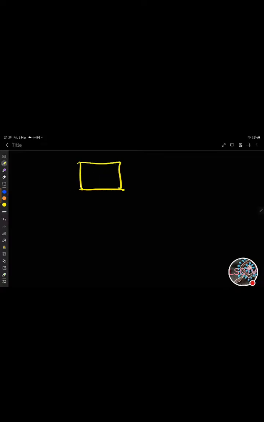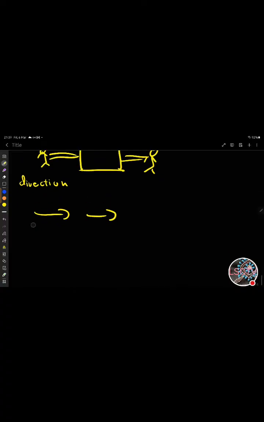So remember when you are thinking about net force and all, you're supposed to know the direction, right, to calculate the net force. When the forces are pointing in the same direction, let's say this is F1, this is F2, you add up F1 plus F2.